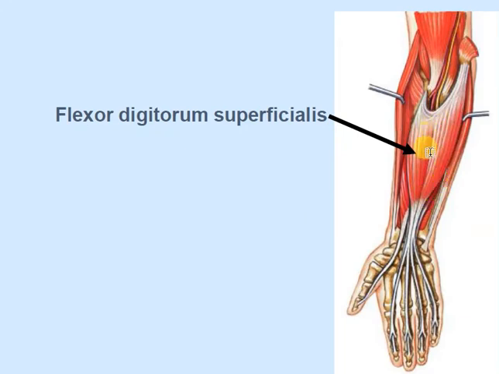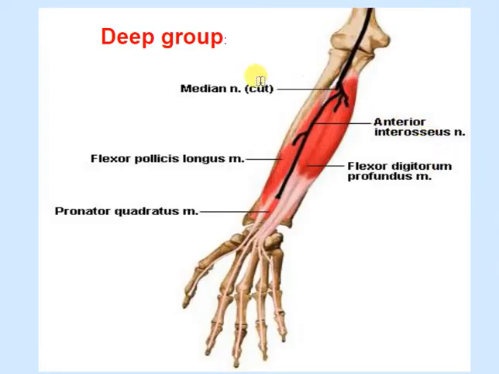But if you remove this flexor digitorum superficialis, in the deep group you get the flexor pollicis longus, pronator quadratus muscle. Pronator quadratus muscle, it is here, and its shape is quadrant, ni pembe nne. And this muscle also in cadaver, it is very obvious, wengi hawajui jina yake, ni pronator quadratus muscle.